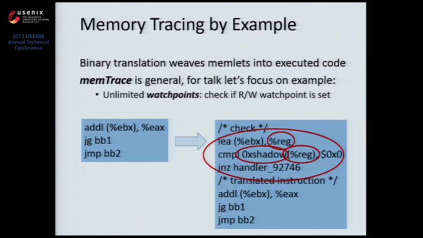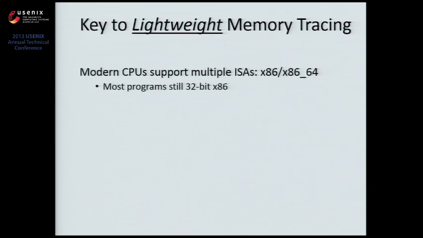Keeping these different problems in mind, we want to design a very efficient memory tracing infrastructure that is achievable with very low overhead. Key to lightweight memory tracing is that, when looking at modern CPUs, we found out that for the last 6-7 years, most CPUs have been shipped with support for both 32-bit code and 64-bit code.